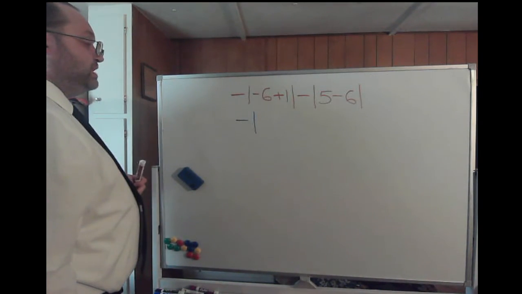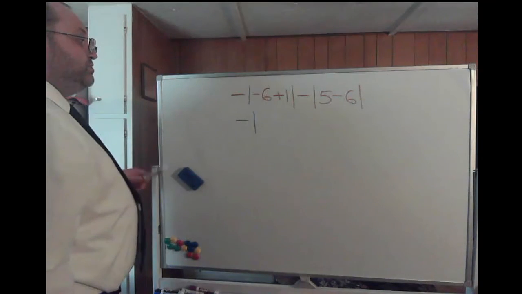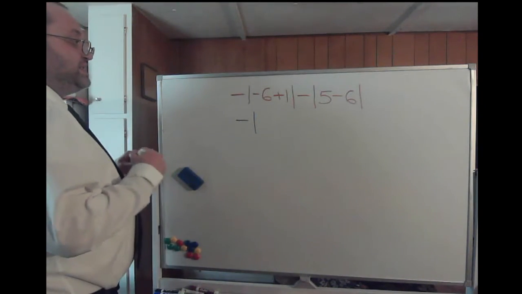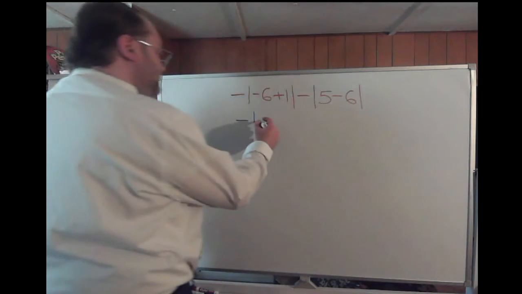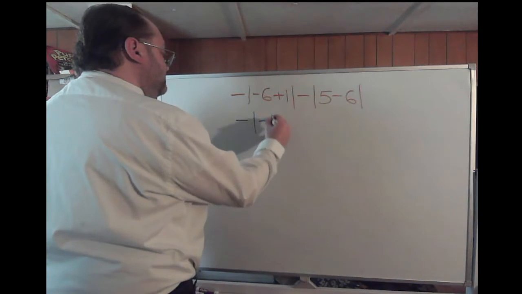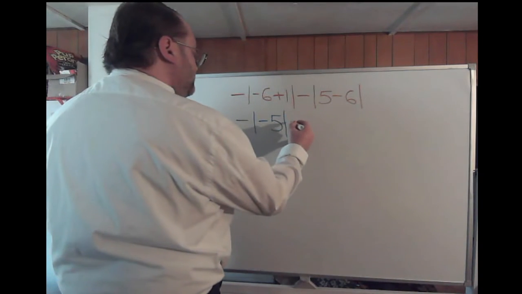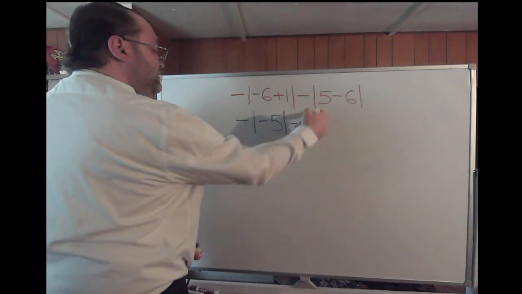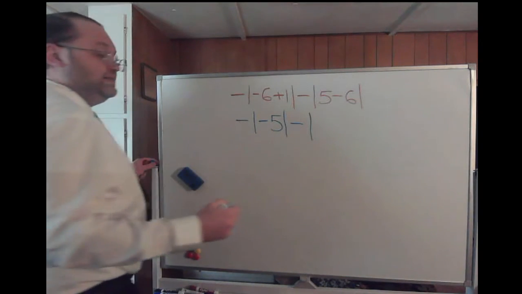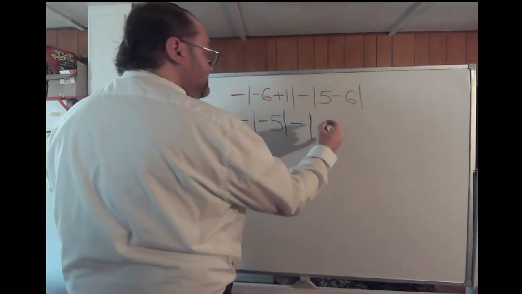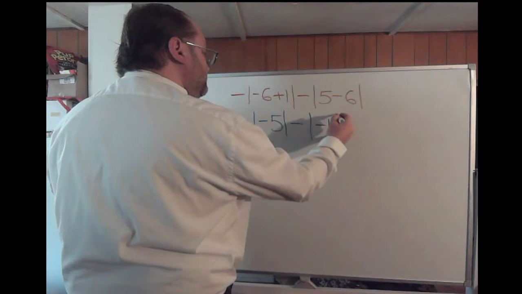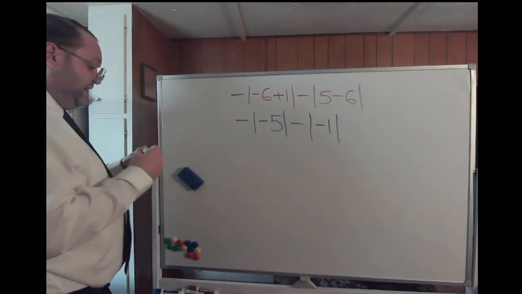Well, in order to do that, of course, we have to know how to add a negative and a positive, which in this case we know negative 6 plus 1, that's negative 5. And then we have minus, in the absolute value we have 5 minus 6, that's going to be what? Negative 1. 5 minus 6 is negative 1.